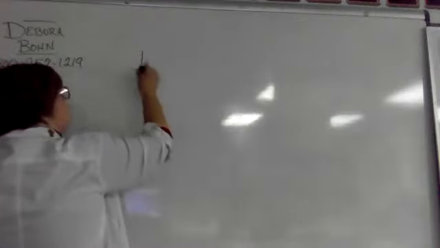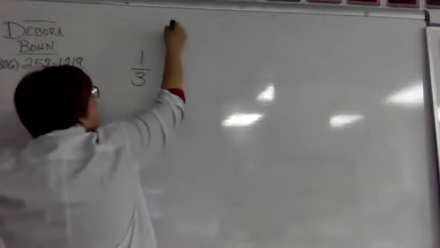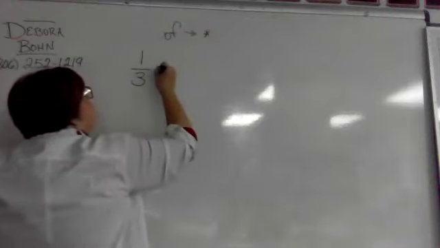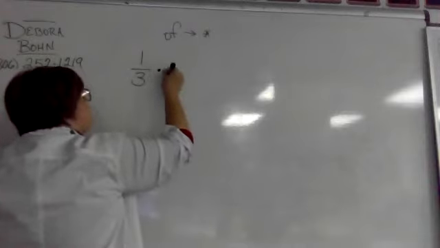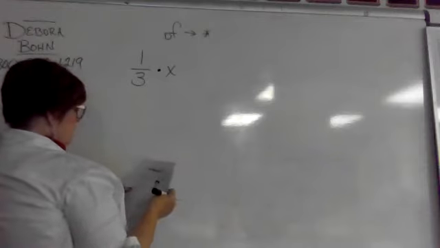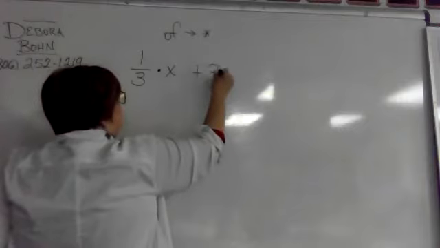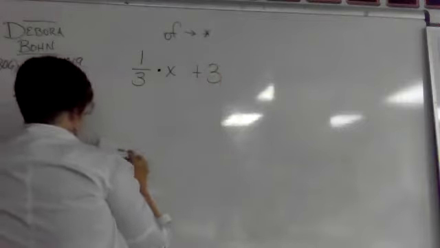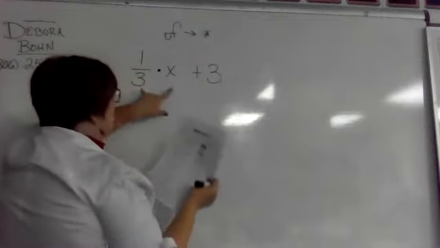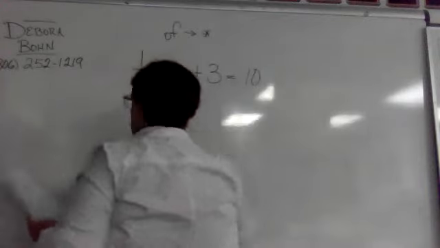We know that it's written like this, 1/3, and we found out that of in math means times, okay? 1/3 of me, and then we're adding 3. It says if you add 3 to 1/3 of me, you get 10, right? Okay.